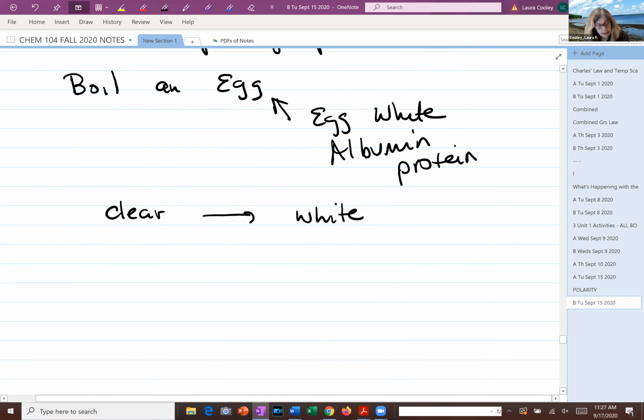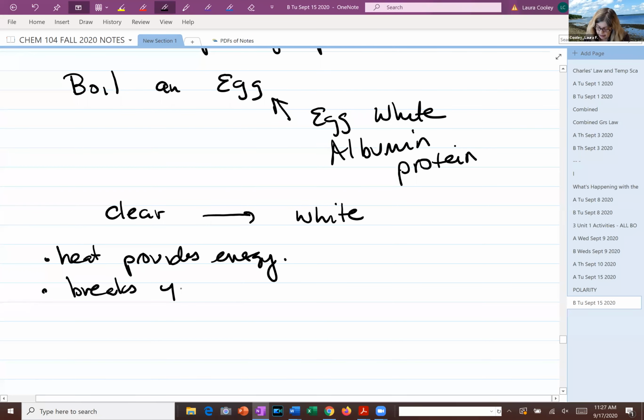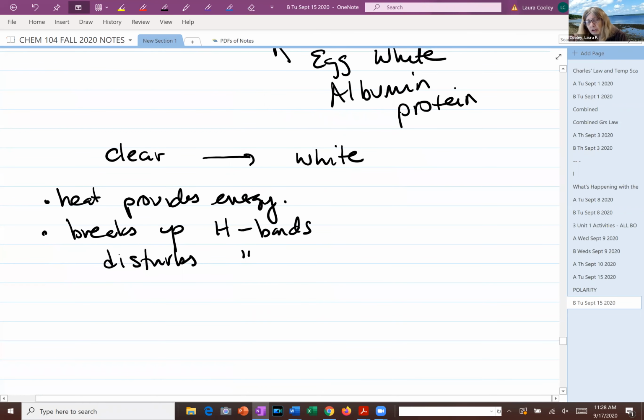Basically what happens is that the heat provides energy, and that breaks up the hydrogen bonds. So it provides energy to disturb or break up those hydrogen bonds so they can no longer function in keeping the protein folded anymore.